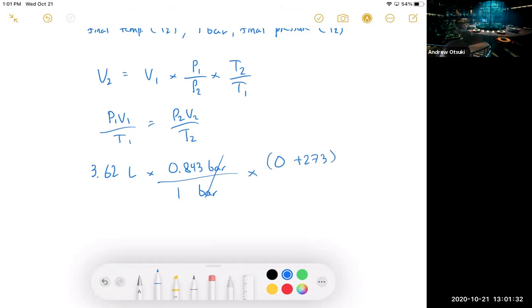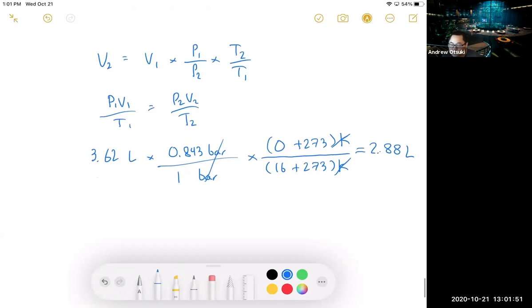Remember to always convert to kelvins. And then 16 plus 273 for my initial temperature. What we're left with is 288.88 liters, or not 288. That will be an example of a very suspicious answer, because it shouldn't be a very different number. Okay, let's check our values.